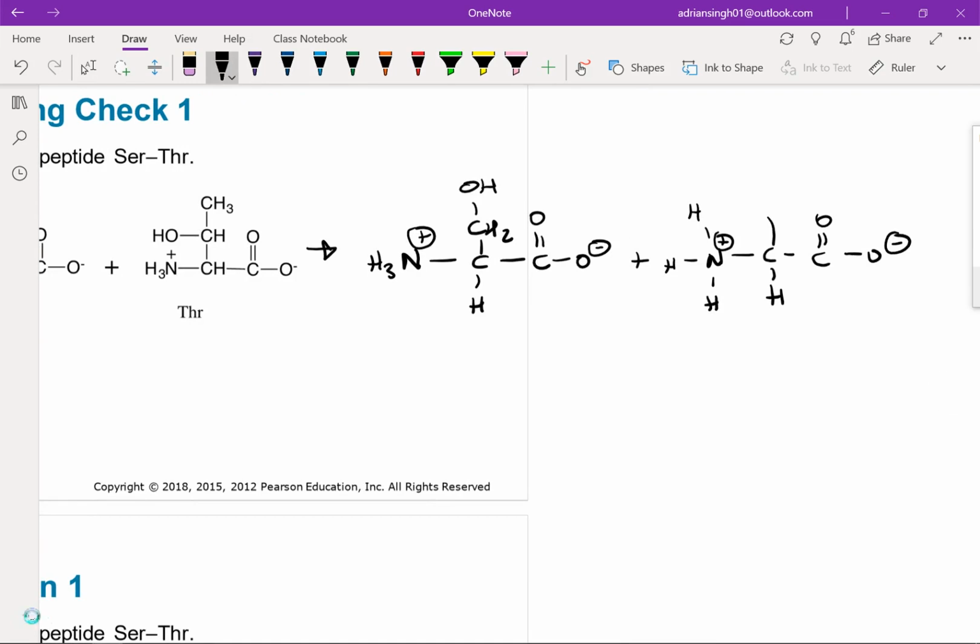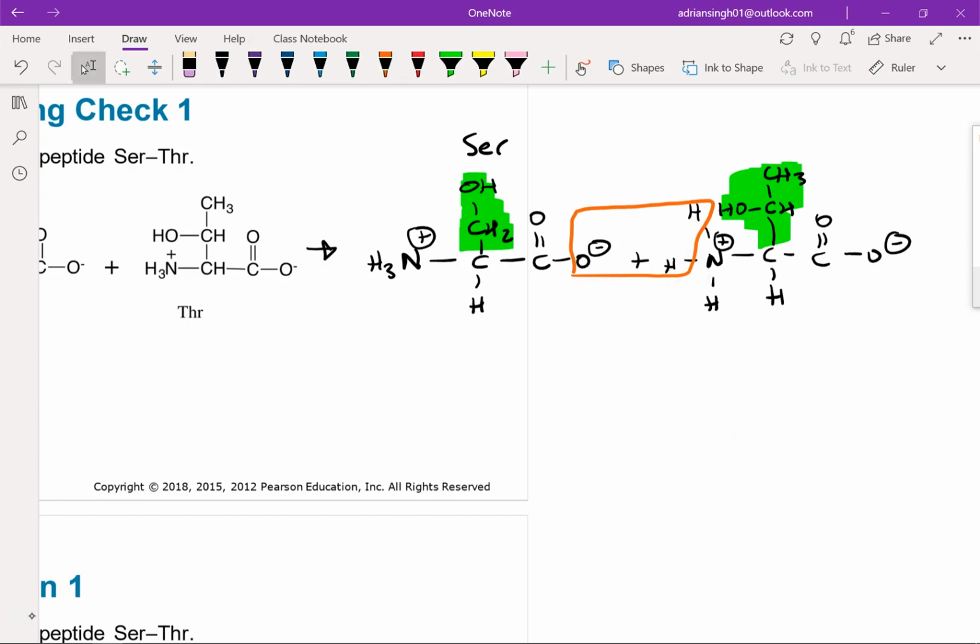And then there's our R group for threonine, a CH with an OH, and then a CH3 up here. So I'm just going to highlight the R group in each of these. We're going to do the same thing like we did in the example. We're going to combine the O here from the serine with those two H's from the threonine, so we end up losing water.